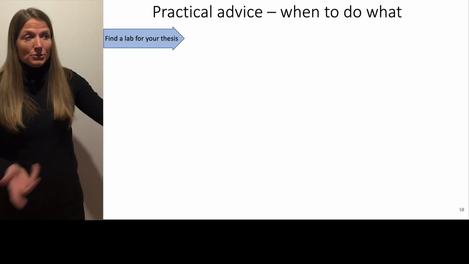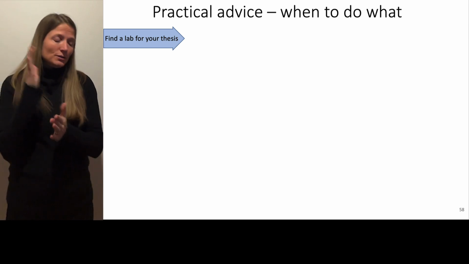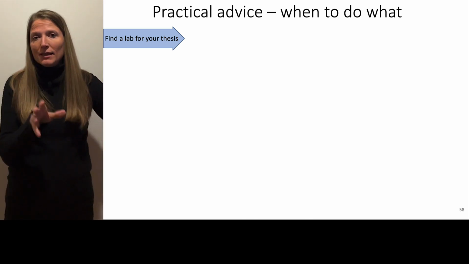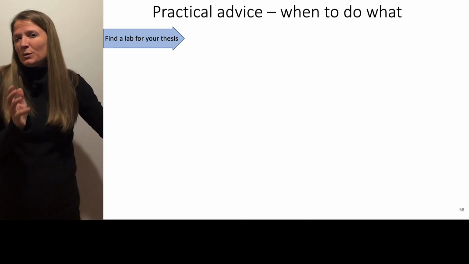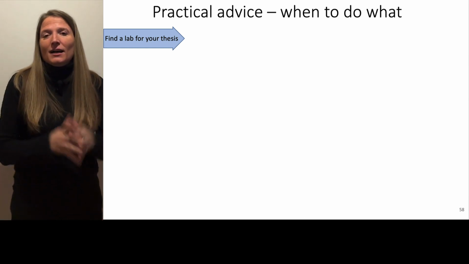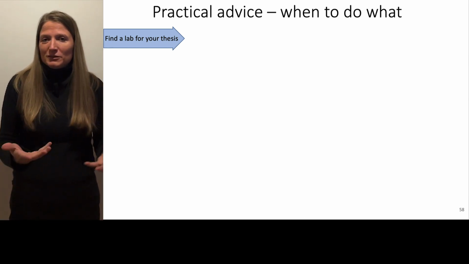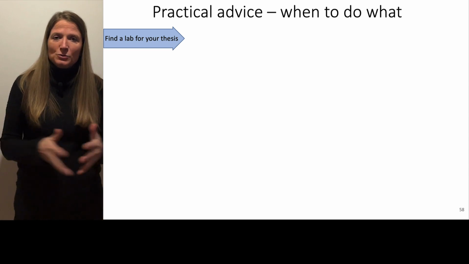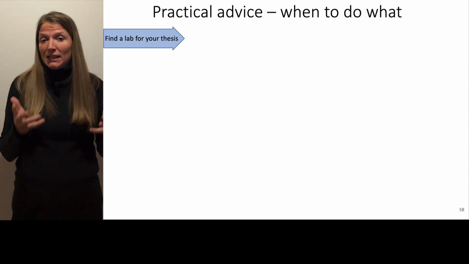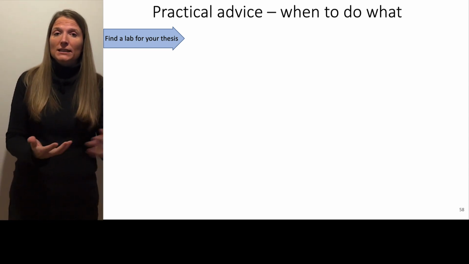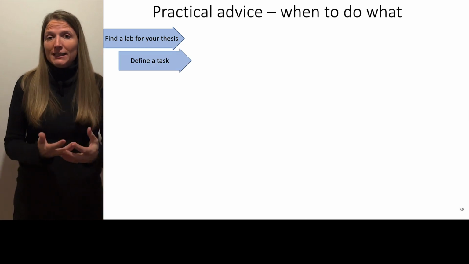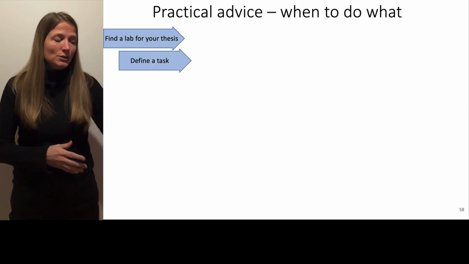So obviously what you do first, you find a lab for your thesis. Clear. Okay. Within that lab, they usually have some sort of project running, and you get the possibility to take part in this project, and they define an aim. This you should already take part in, define a particular task that you enjoy doing.